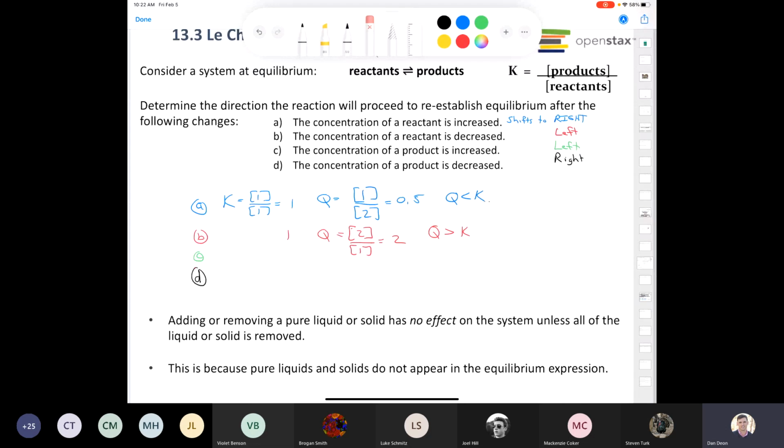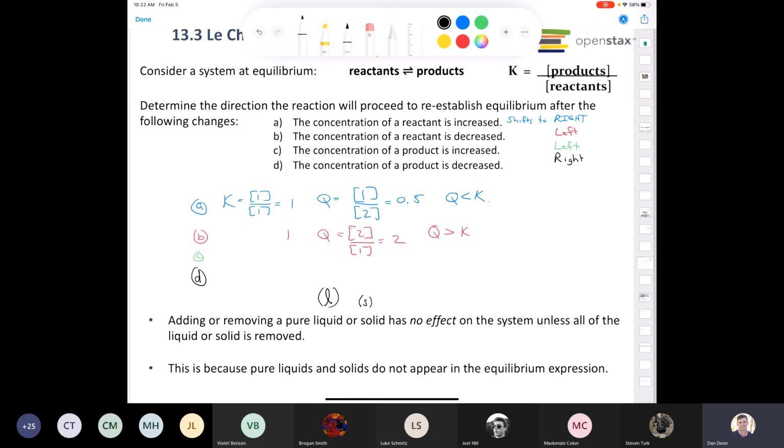Now, something that's important to note is that if you add or remove a pure liquid or a pure solid, it's not going to do diddly squat to the equilibrium. Why? Because they don't have a concentration. So they're not going to affect the equilibrium.